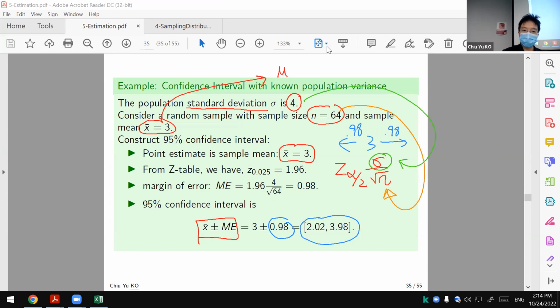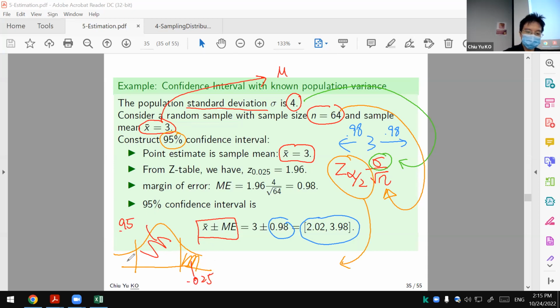And you ask about the last guy, what's this guy, right? Remember alpha is the right tail, right? It's here. 95%. So the middle is 0.95, right? The area in this tail and this tail is 0.025.